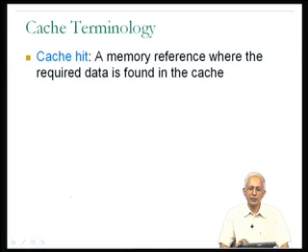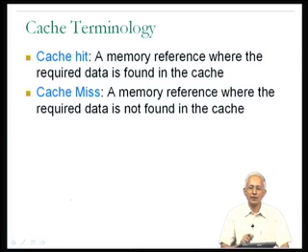In other words, the CPU requests something from memory and the required data or instruction is found in the cache. This is referred to as a cache hit. The alternative, which was case 2 of our example, is what is known as a cache miss. It is a situation where the required data or instruction is not found in the cache. And very clearly, it should be the objective of cache design to try to ensure that the number of cache hits is more than the number of cache misses.